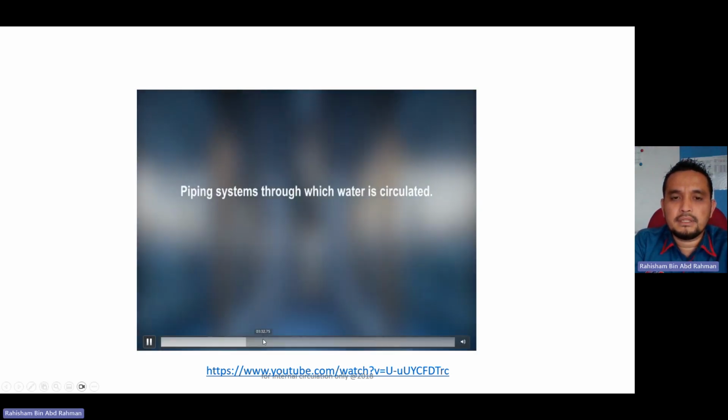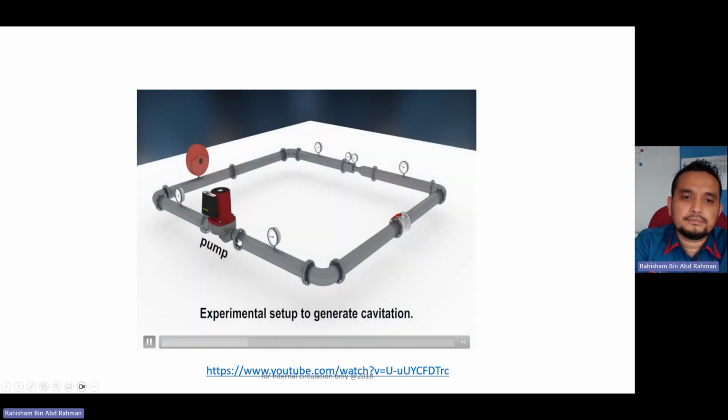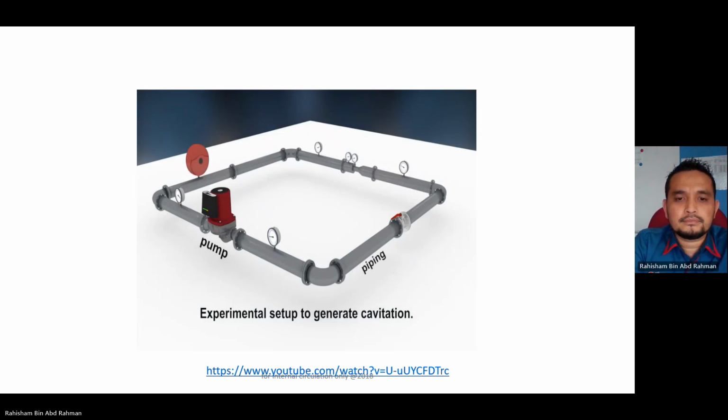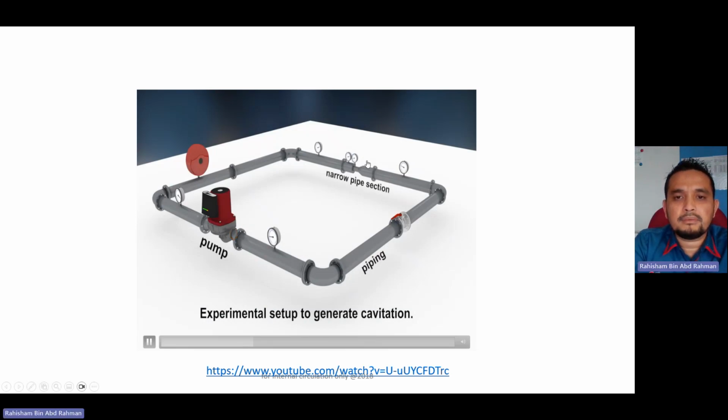A good example is a piping system through which narrow pipe section pump.